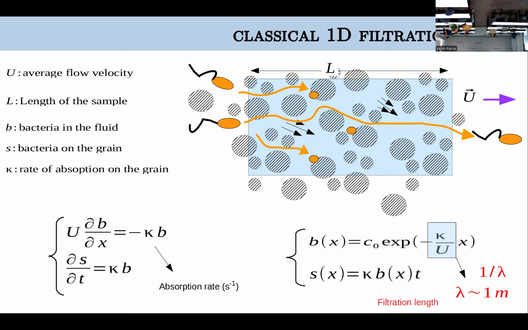That's the quantity S. This process can be modeled by an absorption rate. It's a very simple model. We have a certain amount of bacteria that will leave the fluid and be retained on the grain.